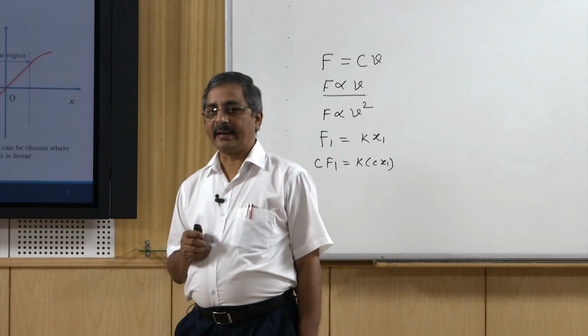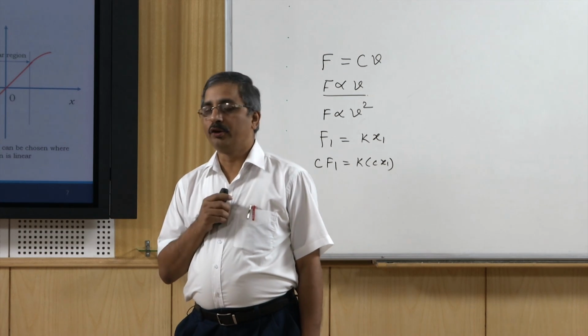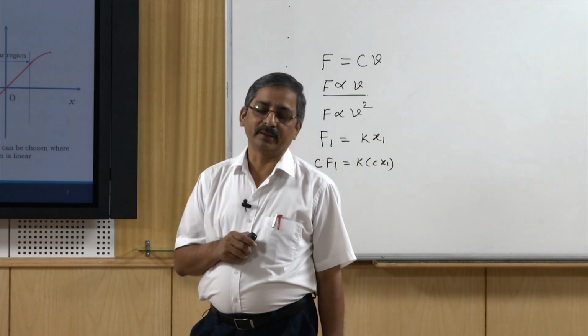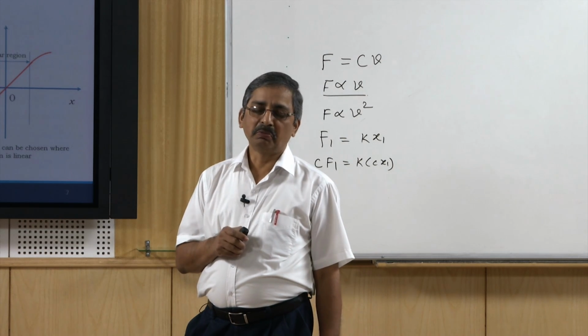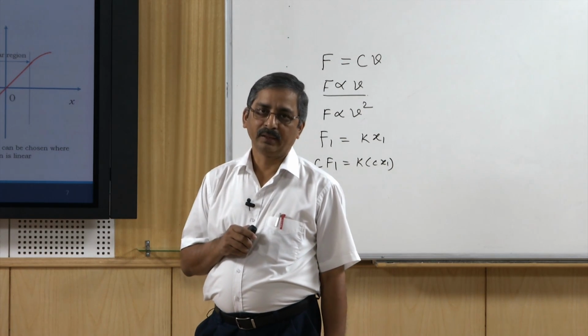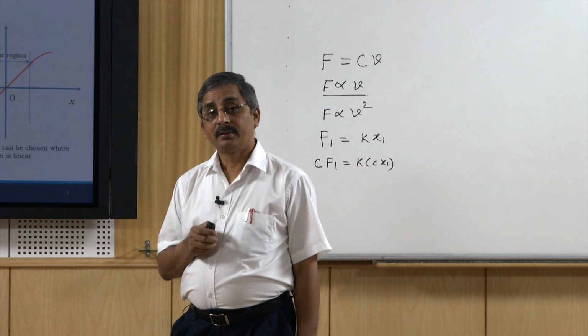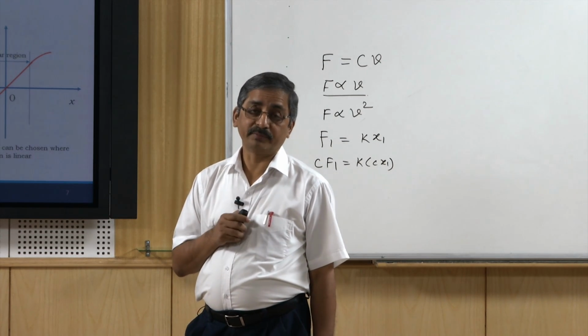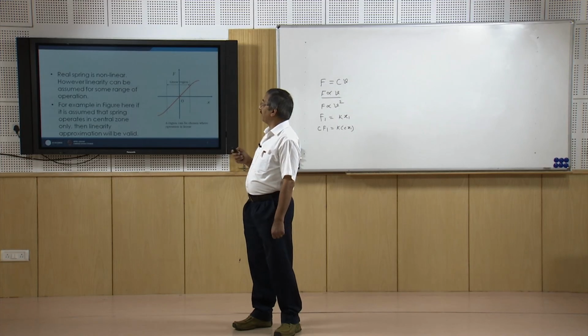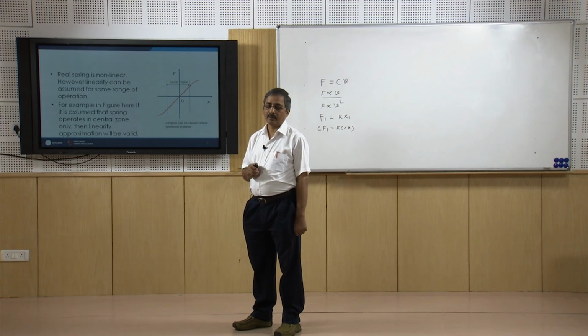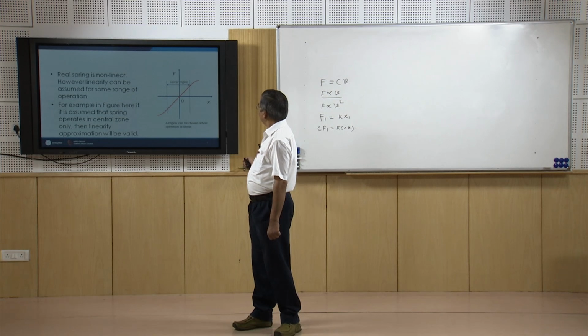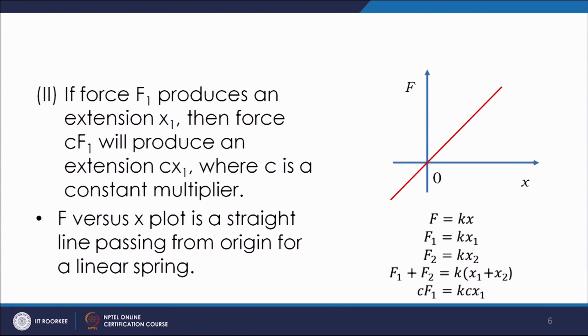Now, as I told you in my opening remark for this chapter, in nature most things are non-linear. Then the problem is how to analyze those systems. The real spring is a non-linear spring. As you can see here, if I plot F versus x for a real spring, there is a certain portion up to which its behavior is linear, but after that the non-linearity commences.